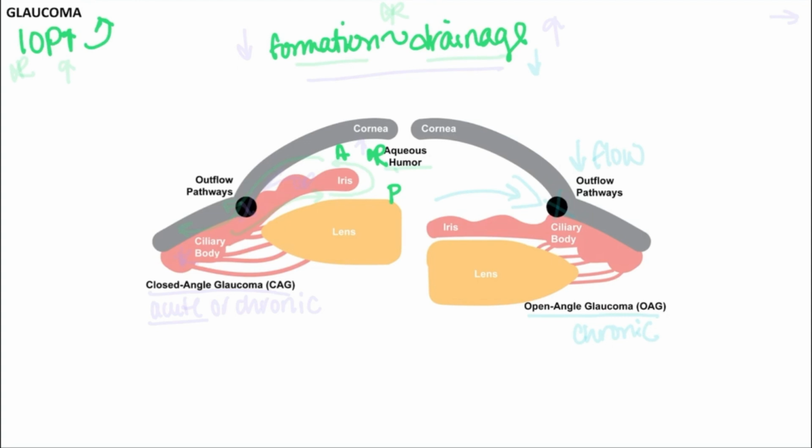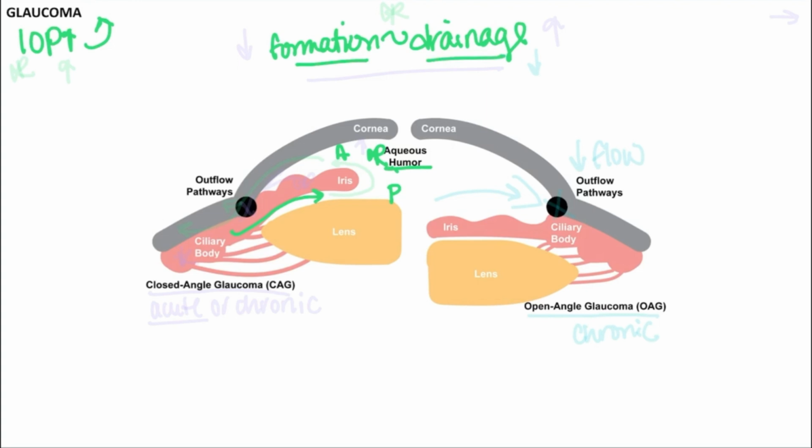So aqueous humor is continuously secreted into the posterior chamber by the ciliary body, and in order to maintain intraocular pressure, this rate of production must be balanced by an equal rate of aqueous humor drainage.